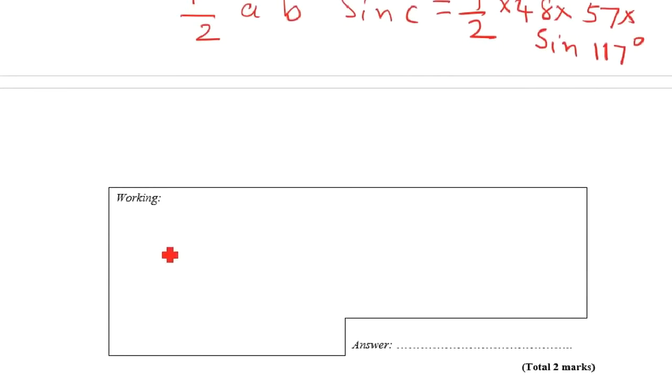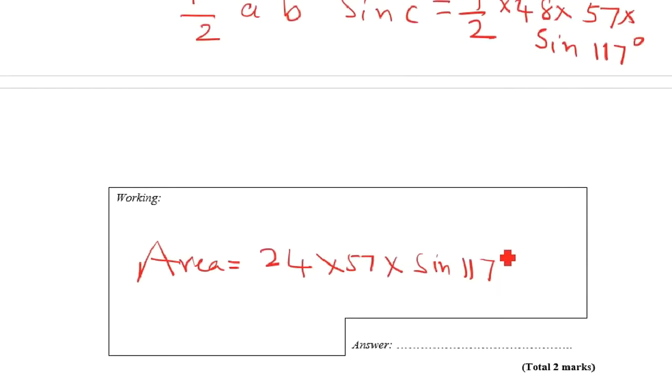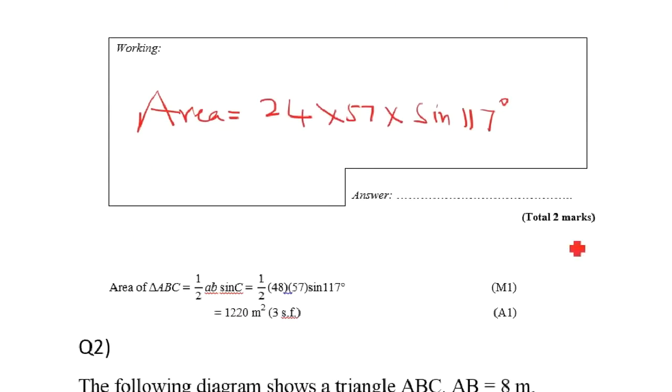So the area equals, you simplify it, 24 times 57 times sine 117 degrees. Use the calculator and get the value. Your answer is 1220 meter square to 3 significant figures.